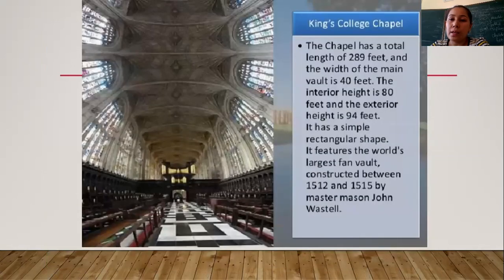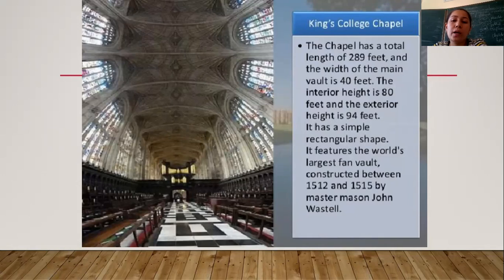So the second slide is inside of this college. King's College Chapel has a total length of 289 feet, and the width of the main walls is 40 feet.